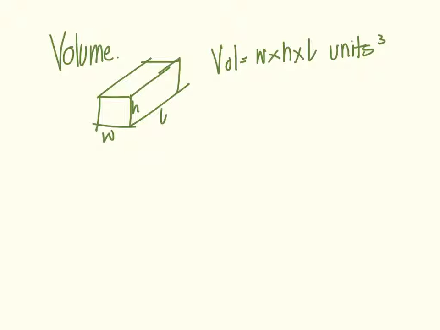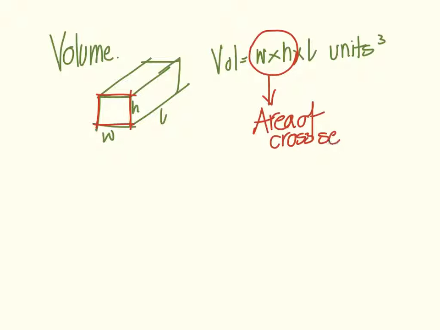Okay, no matter what this shape, the formula essentially stays the same, where this is the area of the cross section and we multiply that by the length.